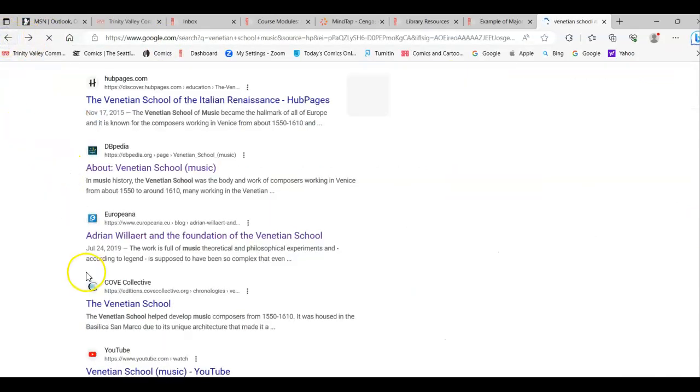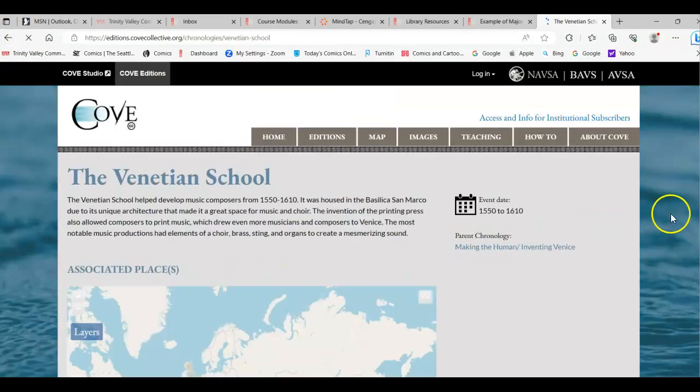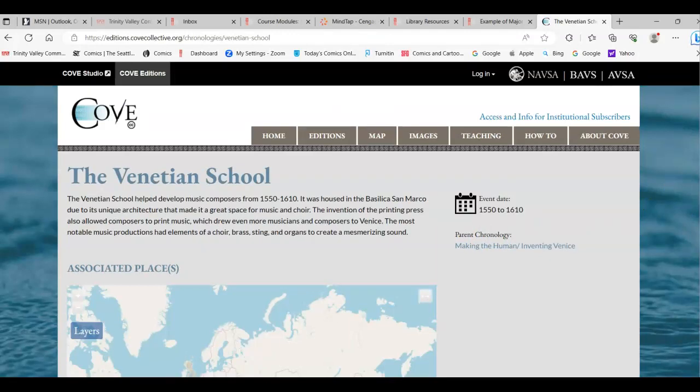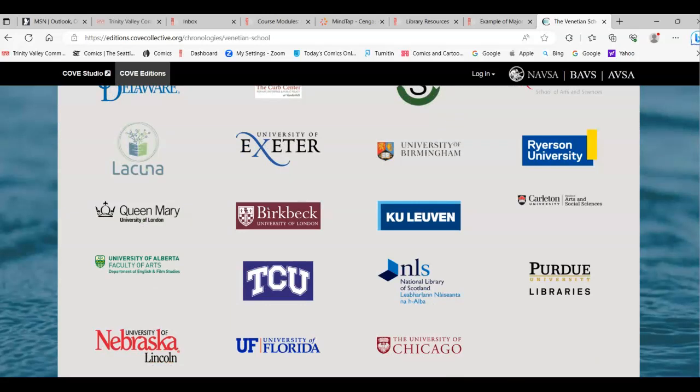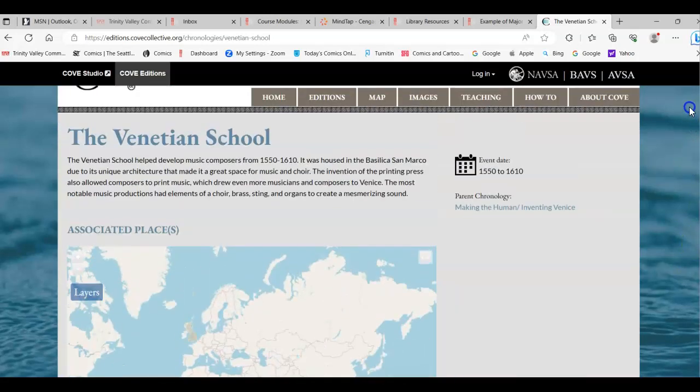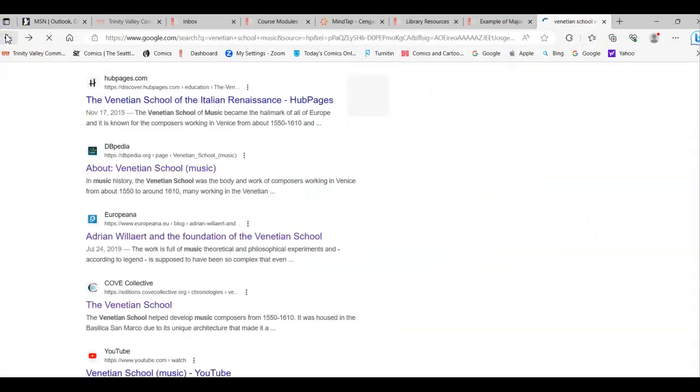And then there's this other one right here from the Cove Collective. And it offers you, again, a general statement about it, and then it gives you some links to some other aspects. And so again, it doesn't have that much to it. I thought this one had more to it. But again, some outside sources.